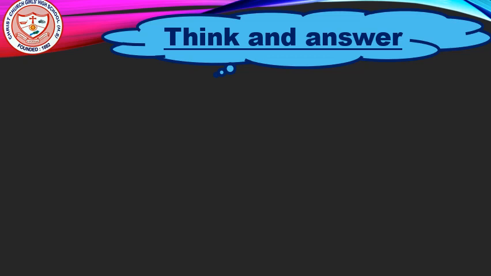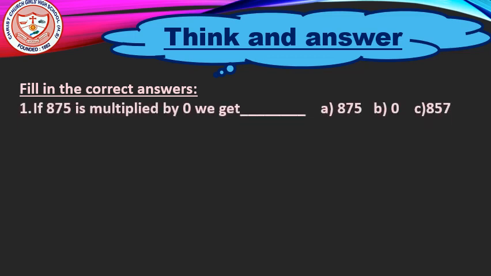Now girls, this is the time for think and answer. So now you have to try out the following sum on your own. Alright? Fill in the correct answers. Number 1.